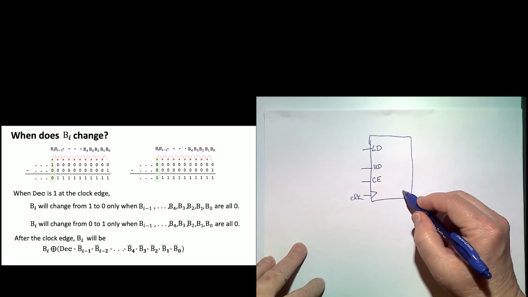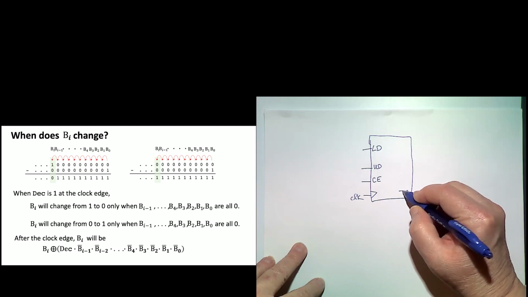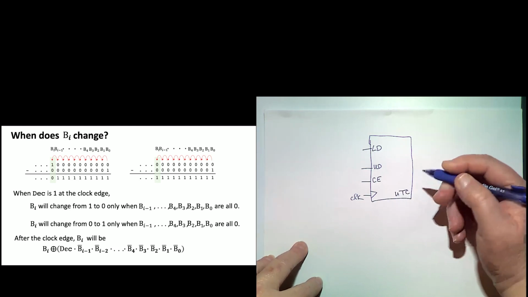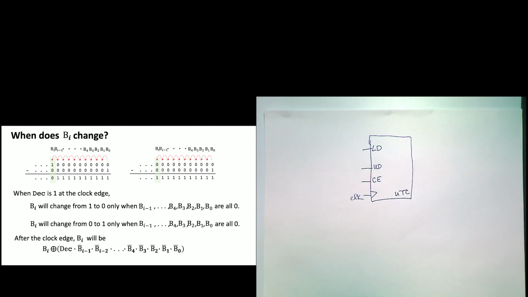You're going to have two different TCs. You're going to have a TC going up, the TC that we had, which was the AND of all the bits, and that's when the counter's full.